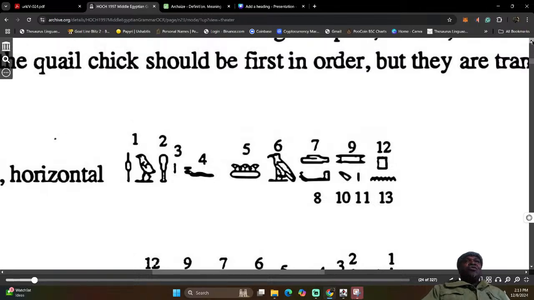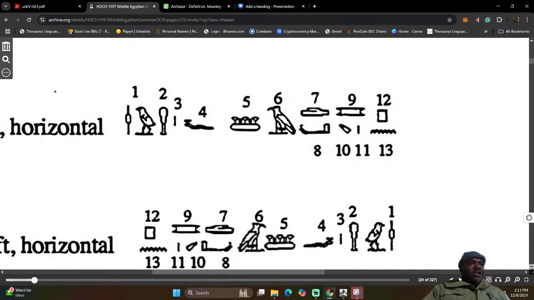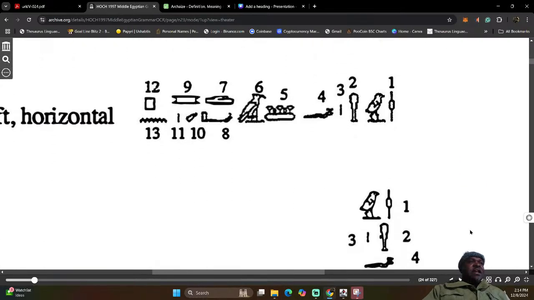So if what I said is true, I'm going to take this sentence off the screen, and you're going to see the same exact sentence inversed, and you should identify everything just the same. Meaning now we're starting over here. And if you look at it, you see everything in the same positions, with the same phenomenon of symbols being on top of each other when they are low and narrow symbols and not tall and wide.